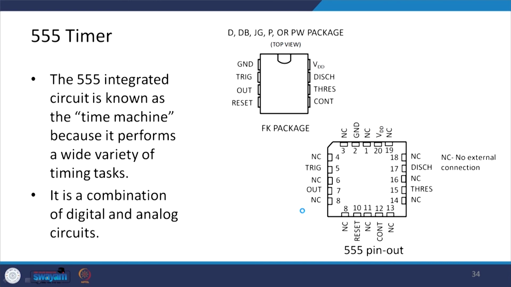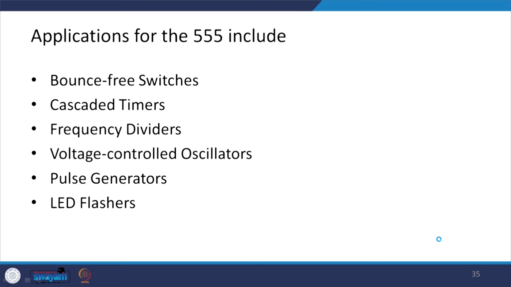So, that is there, and this is the 555 pin out. Applications of this 555 include bounce free switches, cascade timers, frequency dividers, voltage controlled oscillators, pulse generators and LED flashers.